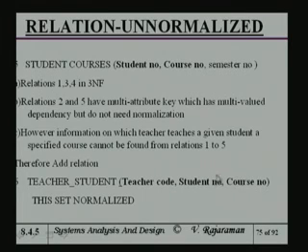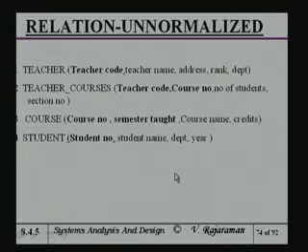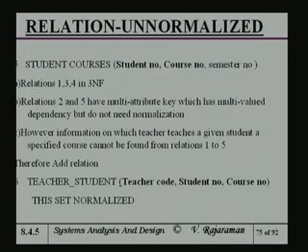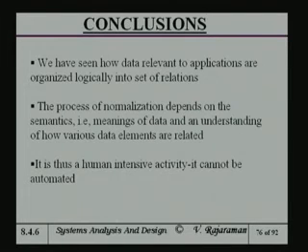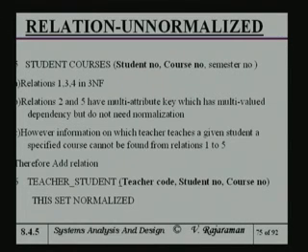So the same student may take the same course from many teachers. This is not reflected in any of the previous relations, because I can't infer that from 1, 3, 4 and 5. So I need a new relation, and now this set is normalized.